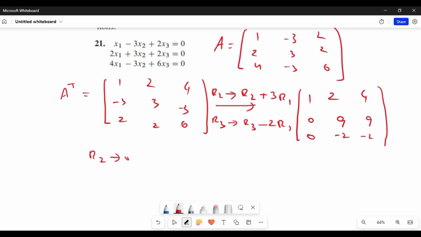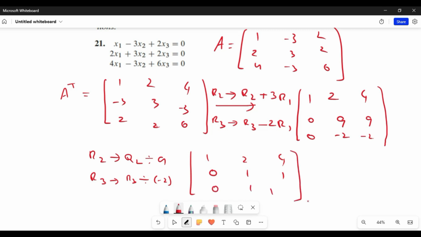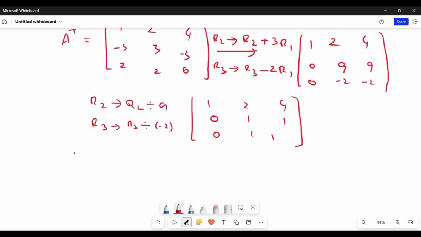Row 2 is row 2 divided by 9, and row 3, okay, row 3 divided by minus 2 will get you 1 2 4, 0 1 1, 0 1 1, and the third row can be easily converted into 0 by the formula R3 is R3 minus R2. 1 2 4, 0 1 1, 0 0 0.